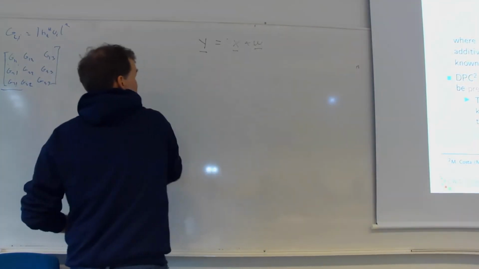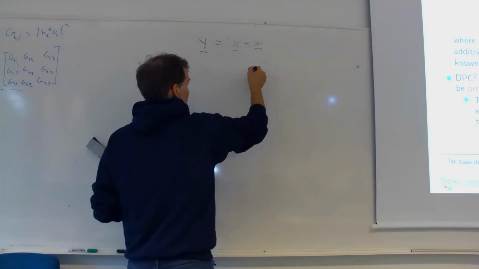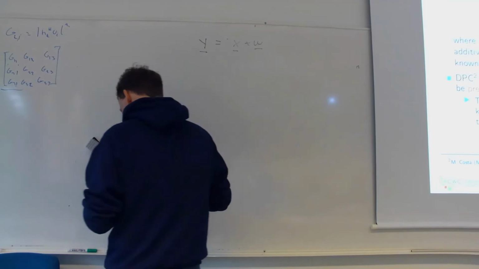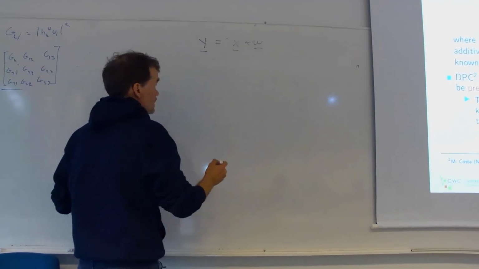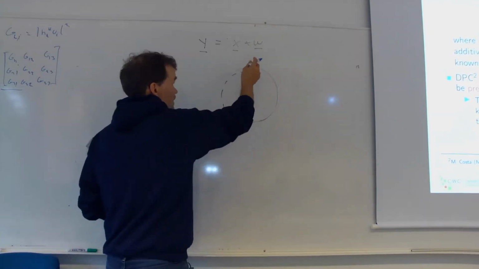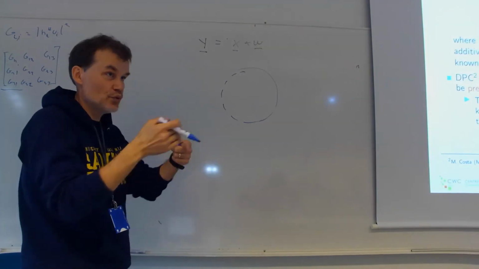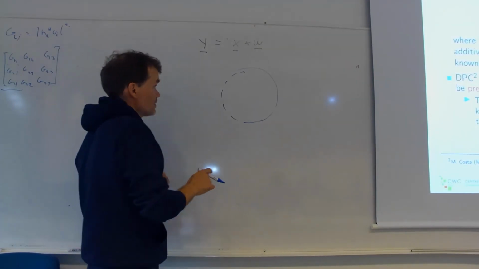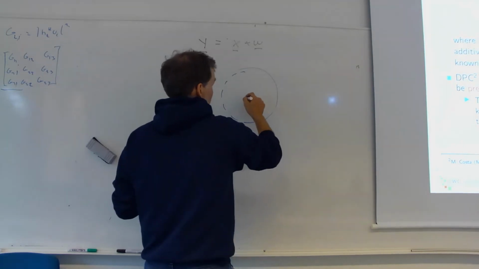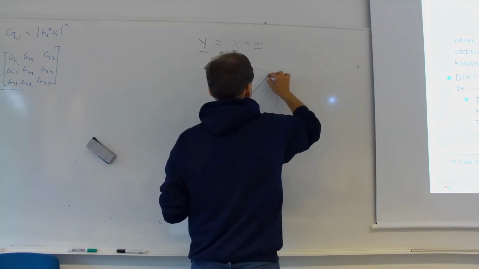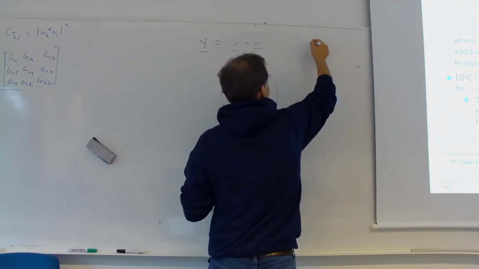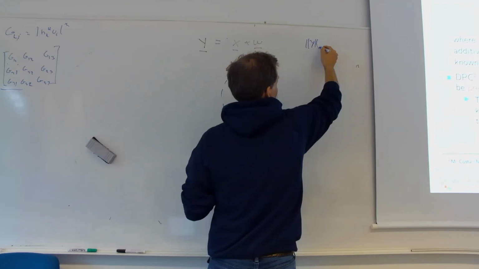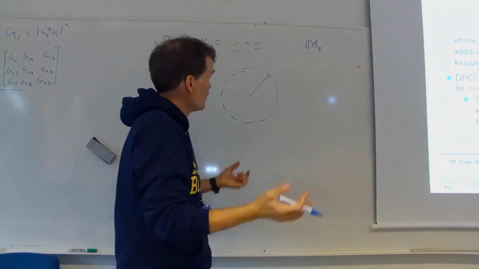Then we can use this sphere packing idea. If we project this n-dimensional vector y to just two dimensions, the length of the vector would simply be the 2-norm. It's the radius.